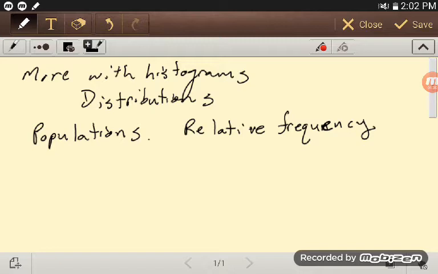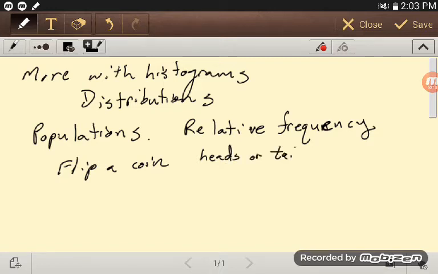And so let's keep it real simple. If I have a population of dice, and I'm rolling, well, let's make it even simpler than that. Let's go with a coin. I can flip a coin, and now if I want to talk about the population of possible things that could happen when I flip a coin, my population consists, I guess, of either heads or tails.